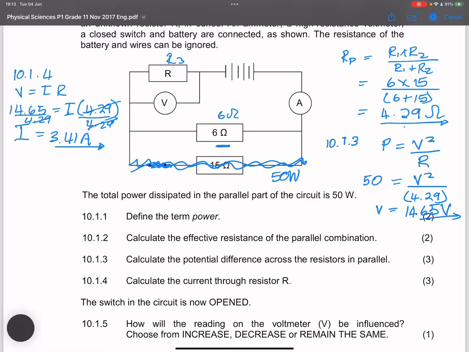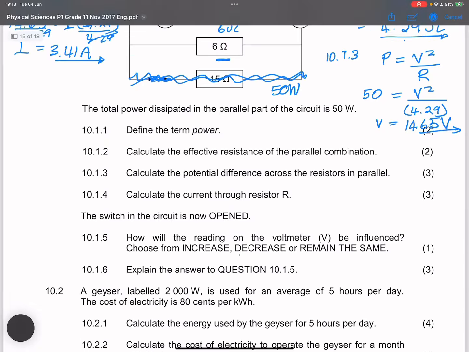What happens to the current? The current will decrease, and that means a lesser current passes through this resistor, and so voltmeter V should decrease. Okay, so our answer there is it will decrease. All right, and they want us to explain that, right?